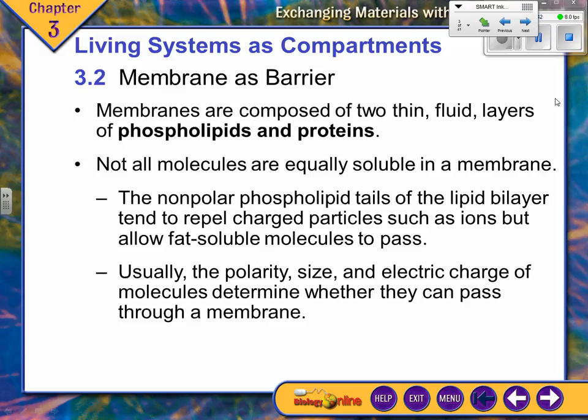So the other main component is the proteins. Now there's a huge variety of different proteins embedded into the phospholipid layer. So I have these little pieces to represent proteins. Some of them have sticks coming off them. That can represent the carbohydrate chains, for example, that are used for communication. That's in the membrane.